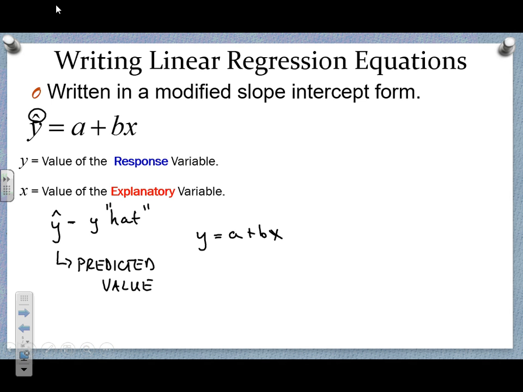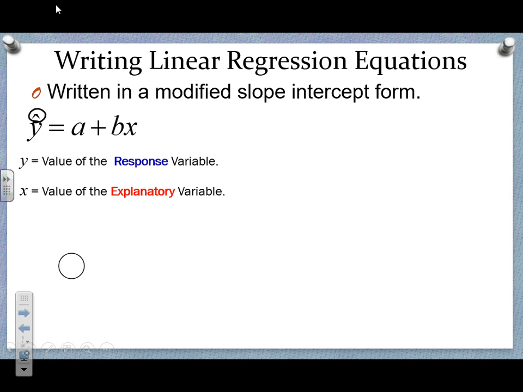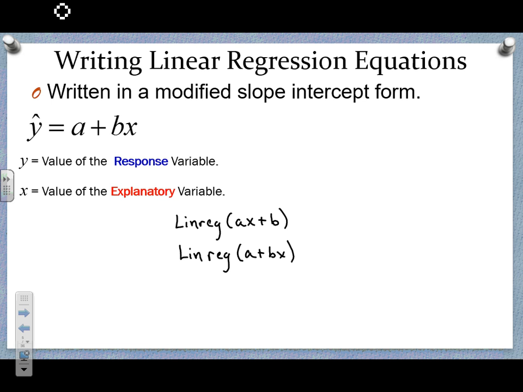Another thing you may want to take note of, this is the way your book writes it. In your calculator, when we get to the point where we're going to use the calculator to create these regression models, they have two different options. When you calculate your regression model in the calculator, they have these two different options.